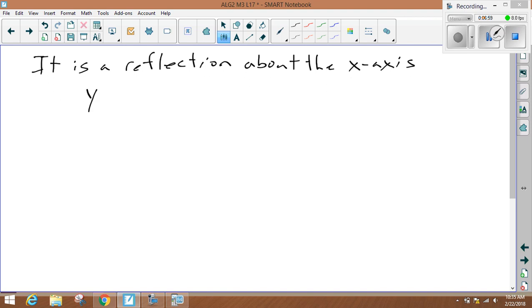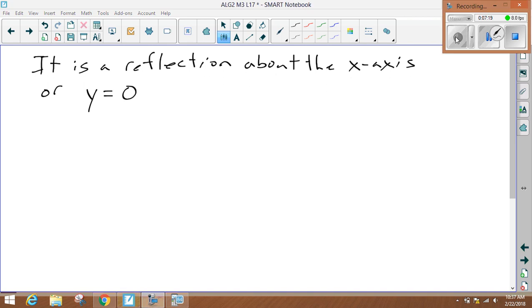But isn't the x-axis also the line y equals 0? So it's a reflection on the x-axis or the line y equals 0. Okay. Why is that? It becomes a reflection about the x-axis.